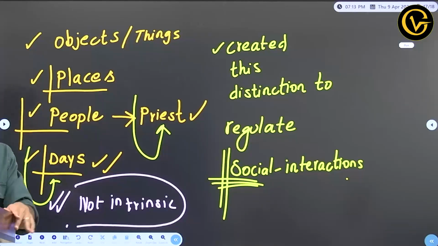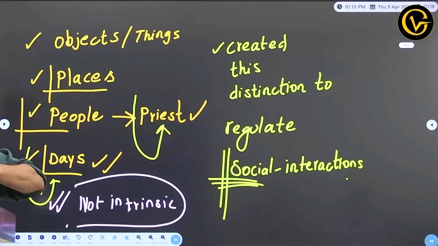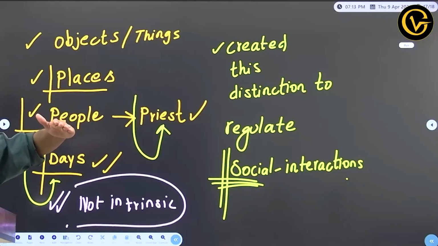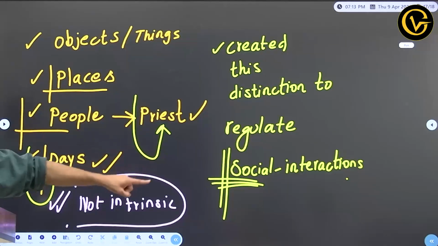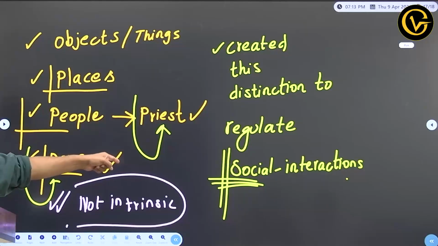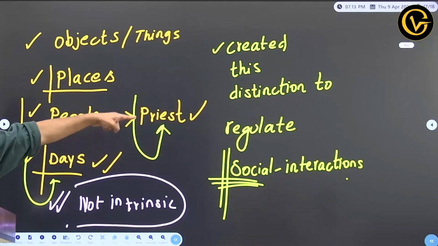It means you have to satisfy some conditions to get access to the sacred. One simple example, easy to understand. Will your mom give you prasadam without bathing? You don't have access to prasadam unless you bathe. Is it not regulating your behavior?